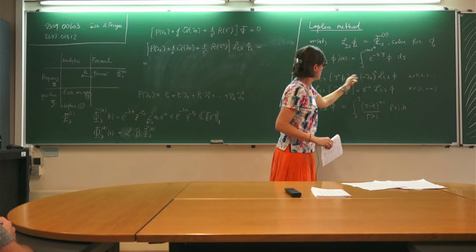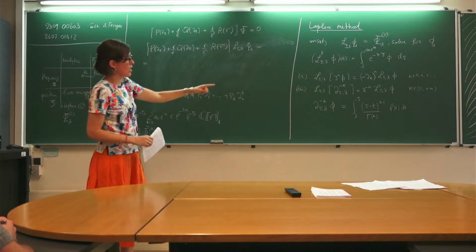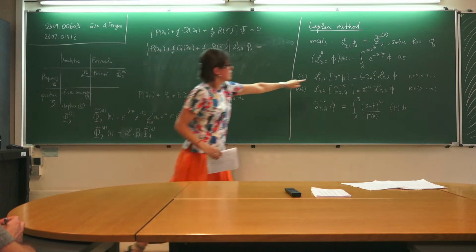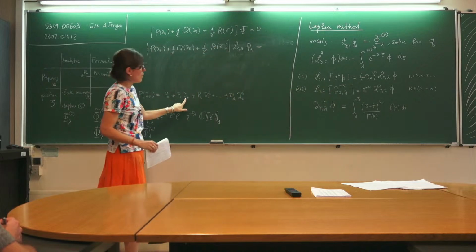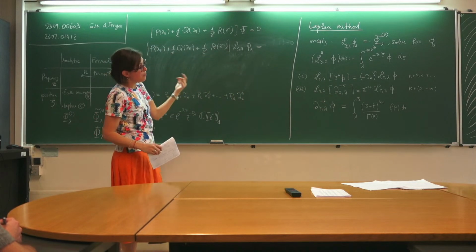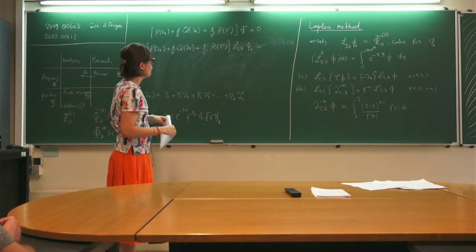There is a minus sign that we can move to the other side. What you get is just a polynomial. You get the Laplace transform of a polynomial in minus zeta and of phi.